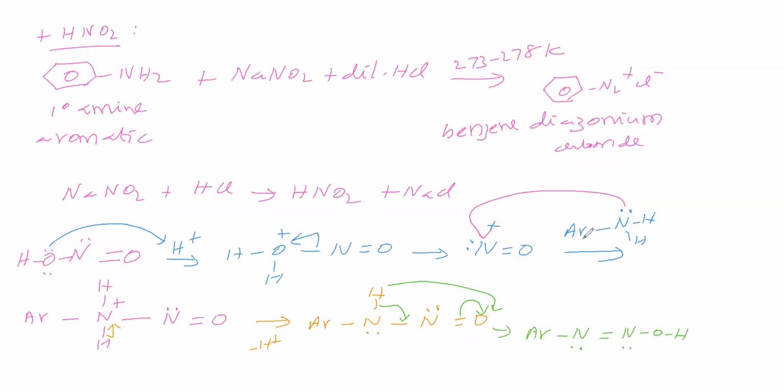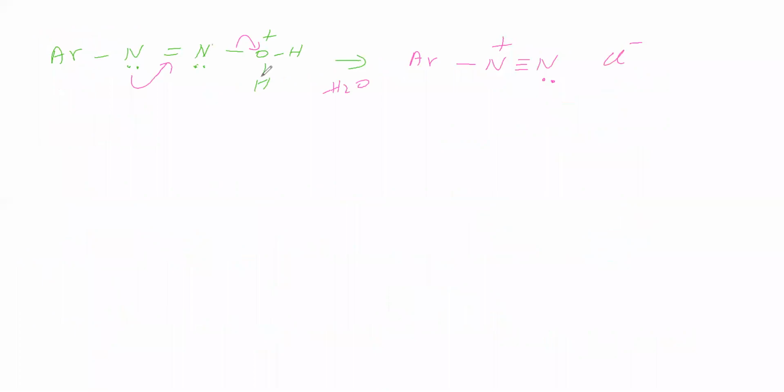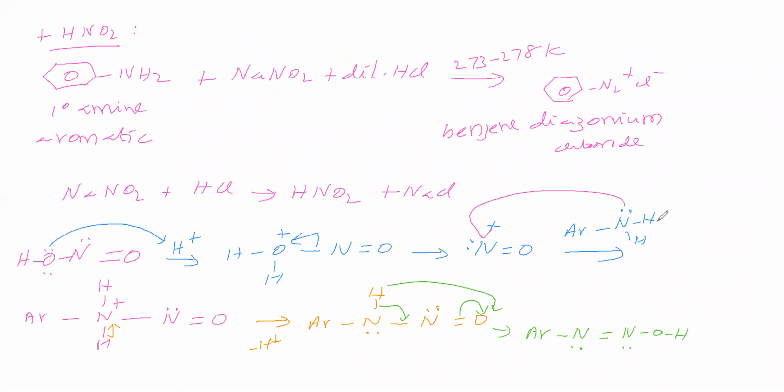Then the next hydrogen goes to this place and is removed in the form of water. Therefore, these two hydrogens are involved in the reaction. So both hydrogens are required for the diazotization reaction. The primary amine has gone for this reaction.